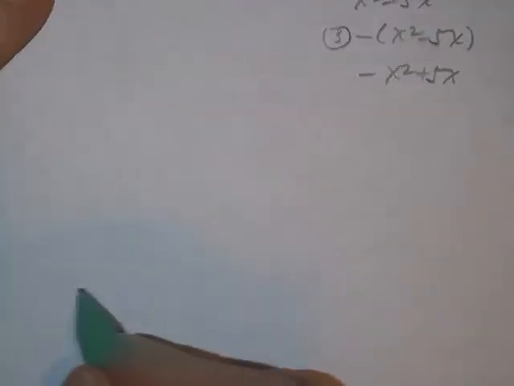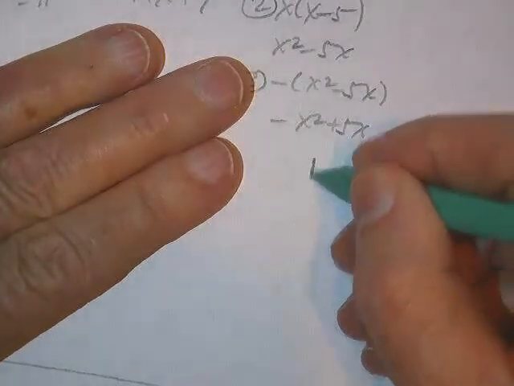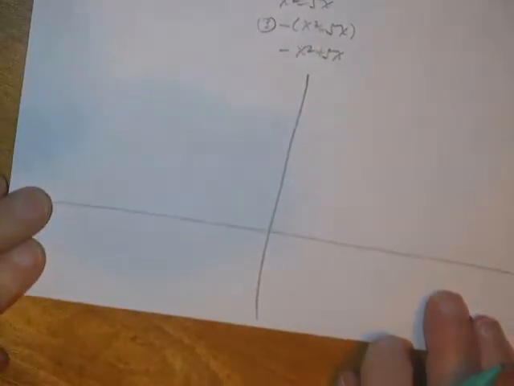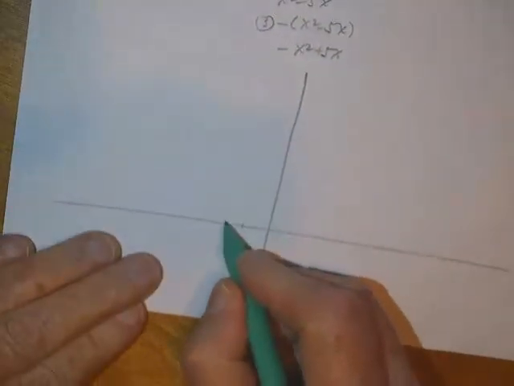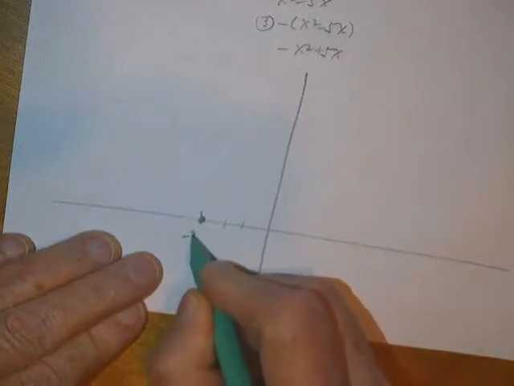Okay, and so let's come down here in the bottom and let's start my graph. Here's my graph going on down here in the bottom. So number 1 is -3.